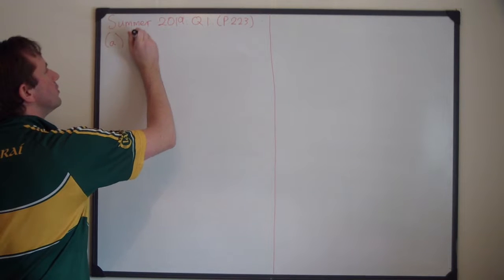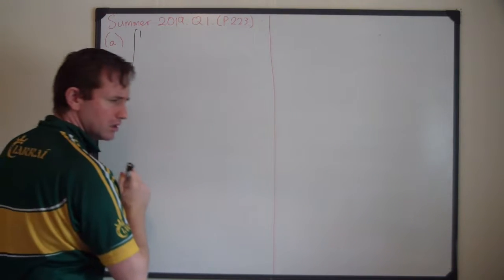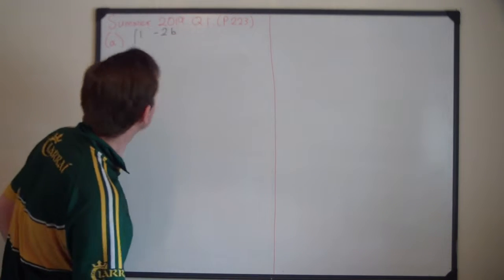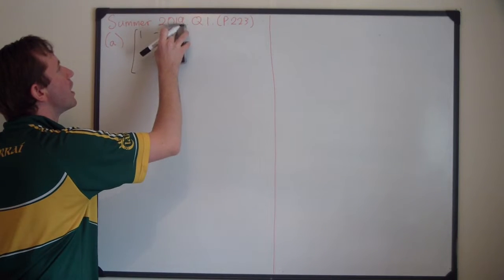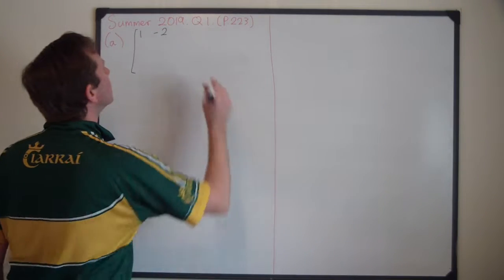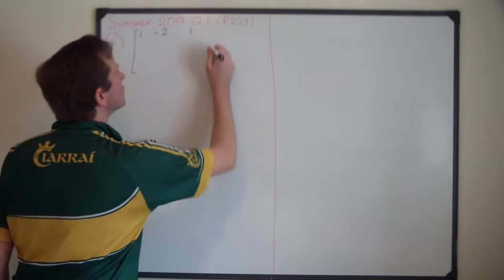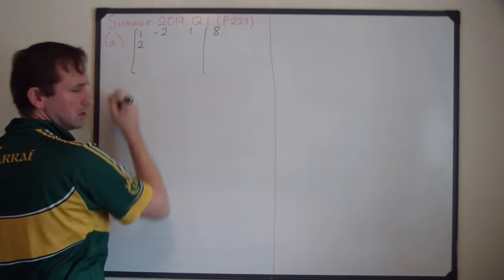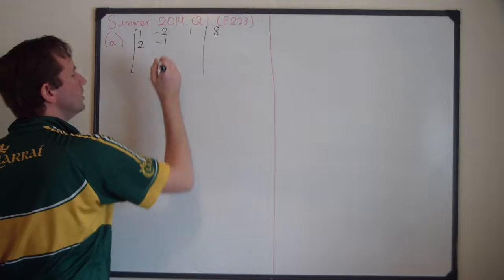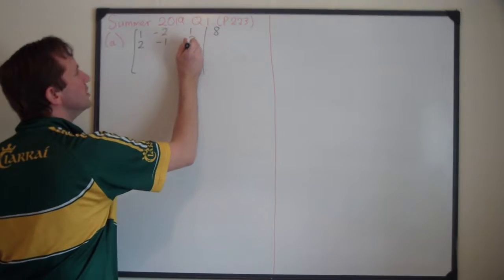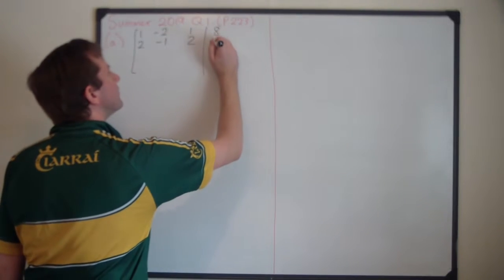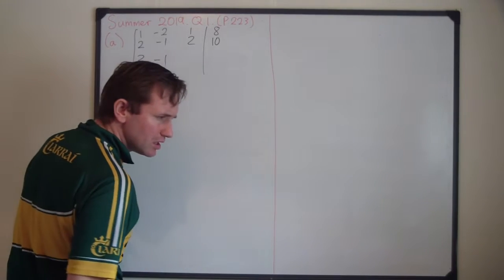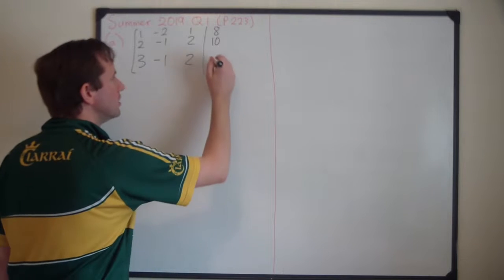So we have 1A minus 2B plus 1C equal to 8. 2A minus 1B plus 2C is equal to 10, and finally 3A minus B plus 2C is equal to 11.